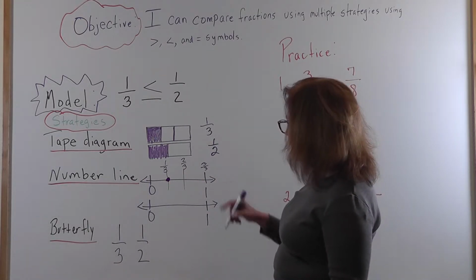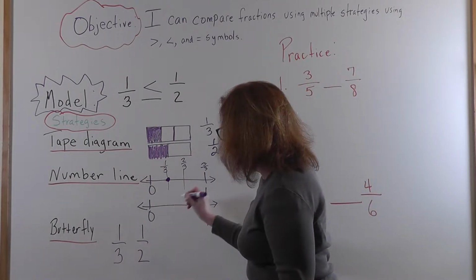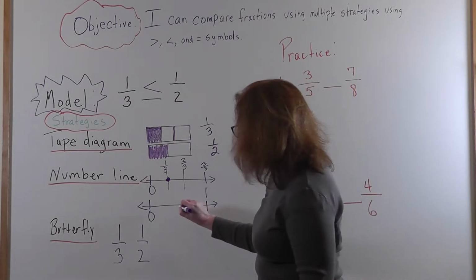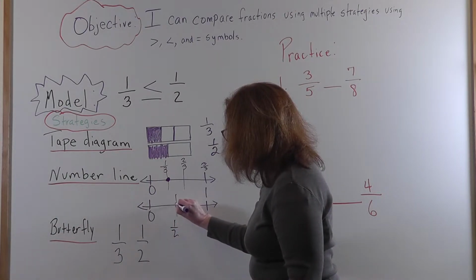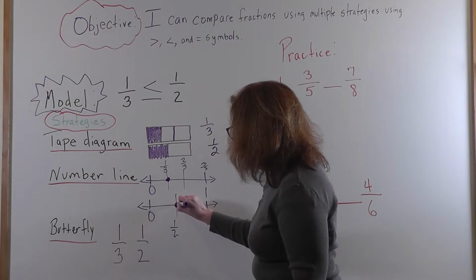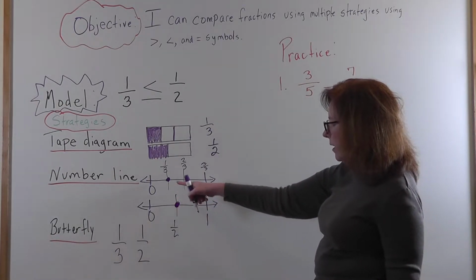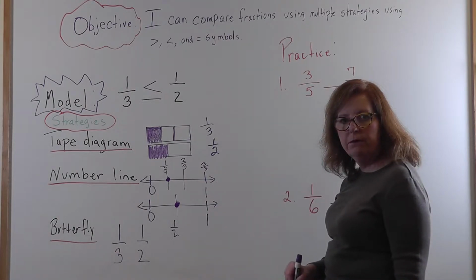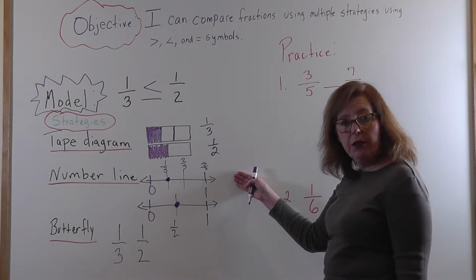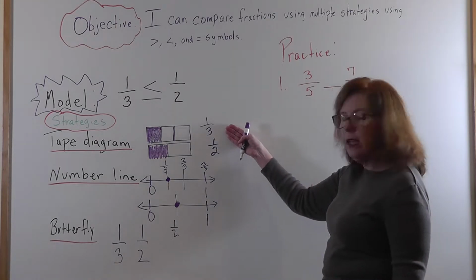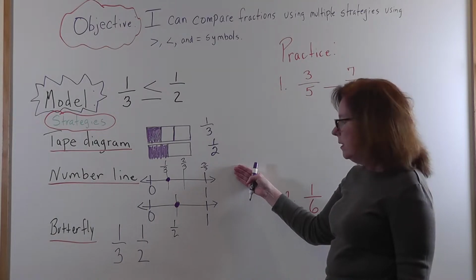Now, my next comparison is 1/2. So I'm going to break it into two parts. 1/2. As you can see, 1/2 is greater than 1/3. So this is another strategy you can use. You can use a tape diagram. You can use the number line to compare fractions.